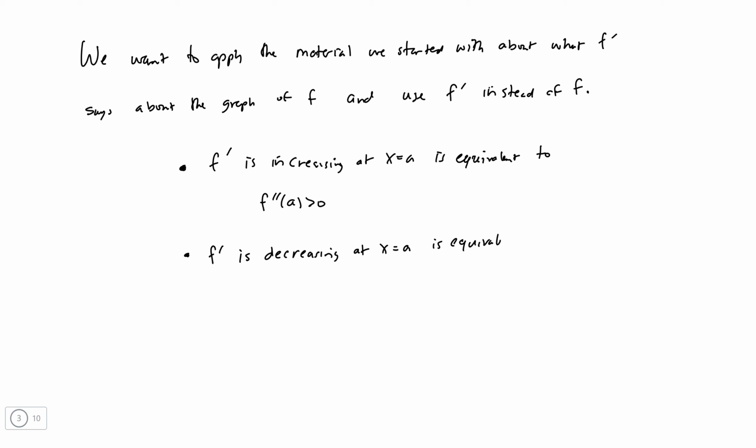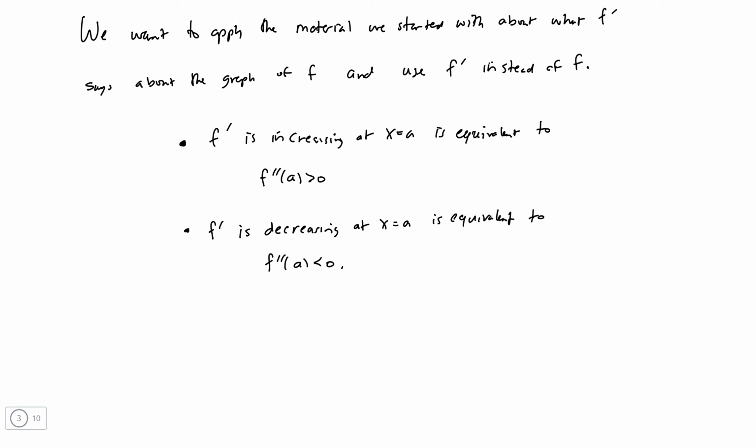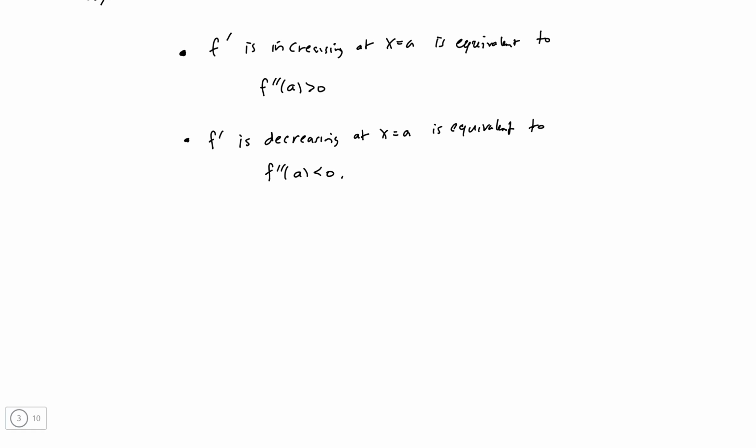And we get the same statement for when the derivative is decreasing: it is equivalent to f double prime of a being less than 0. So we saw in the flip class video what these things mean.